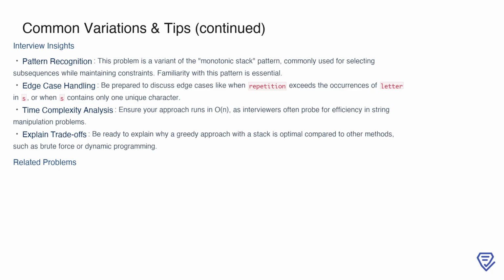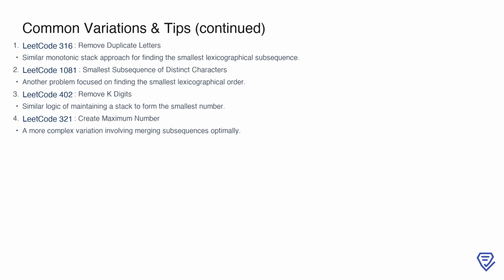There are several related problems on LeetCode that share similarities with this one, making them great practice opportunities. For example, in LeetCode 316, Remove Duplicate Letters, you use a similar monotonic stack approach to find the smallest lexicographical subsequence. Another example is LeetCode 1081, Smallest Subsequence of Distinct Characters, which also focuses on maintaining the smallest lexicographical order.